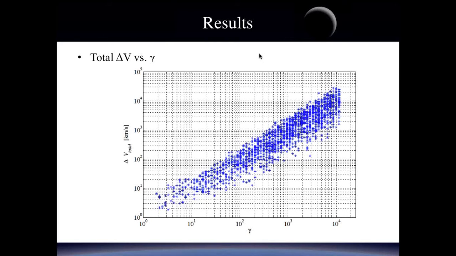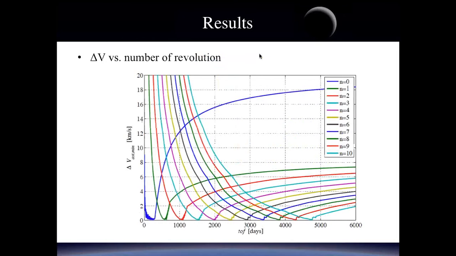And this first figure shows the relation between total delta V and mass ratio. The horizontal axis shows the mass ratio of spacecraft and asteroid, and the vertical axis shows the total delta V. We can see that the total delta V is almost proportional to mass ratio, and we fix the candidate asteroid in this yellow region.